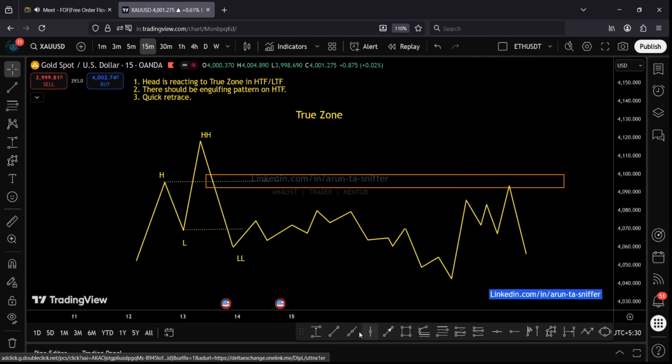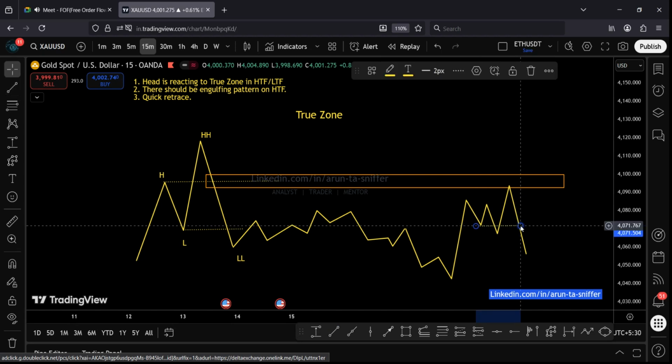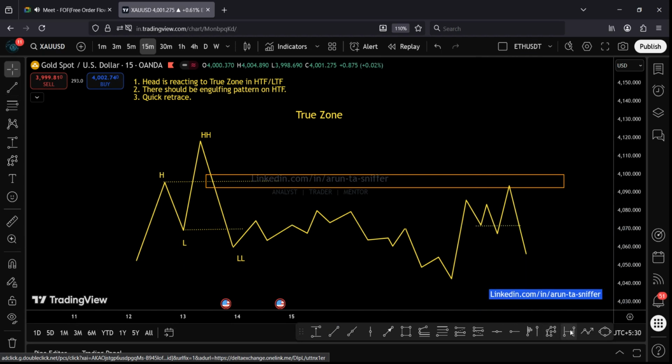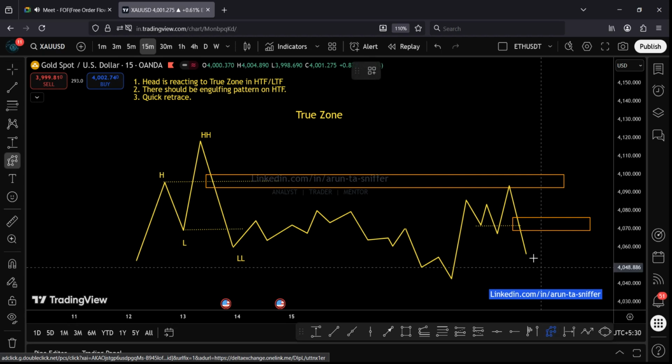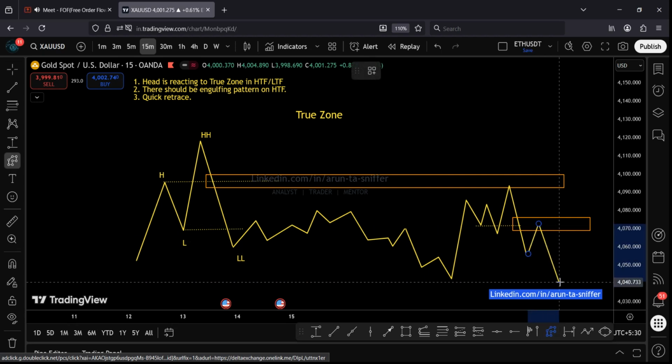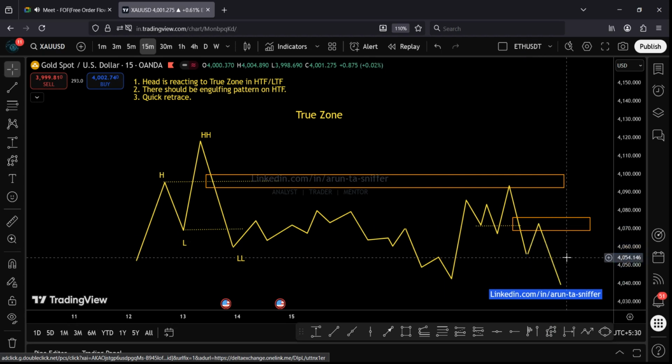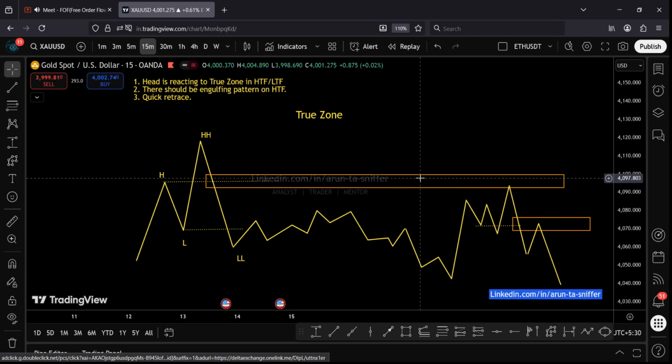Here it was a QM which was ignored when price fell down. So there is also a level, and price may react from here. Price will go here and this. That's it. So in this case, this QM will work as a true zone.